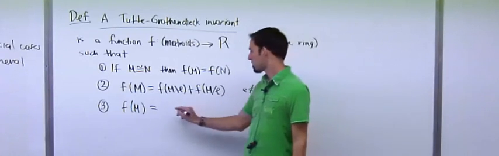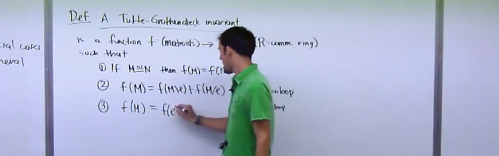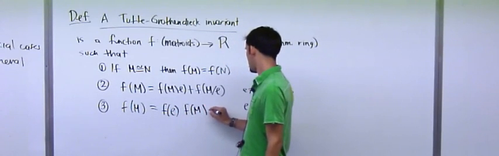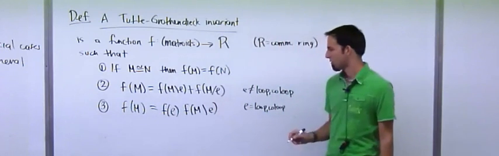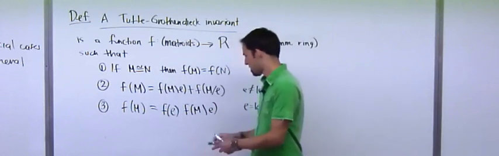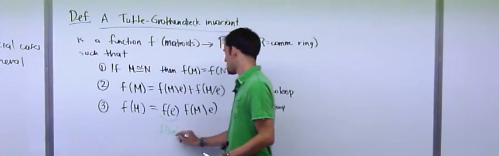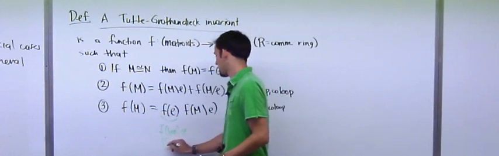And so what you're going to do is you're just going to multiply by f of E. Okay, so this is either f of loop or f of co-loop.